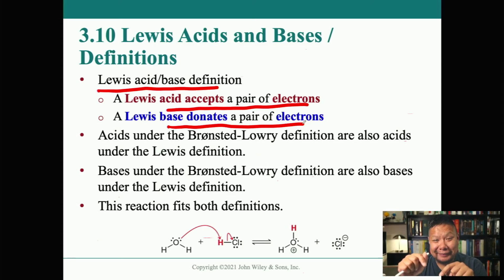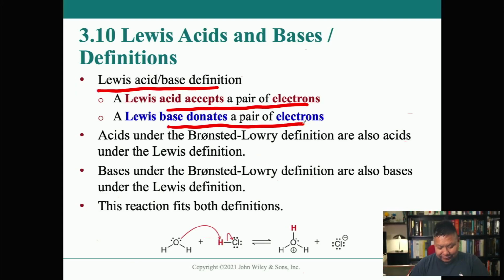And bases under the Bronsted-Lowry definition are also Lewis bases too, because those bases are donating a pair of electrons to the acid when they pull off the proton.